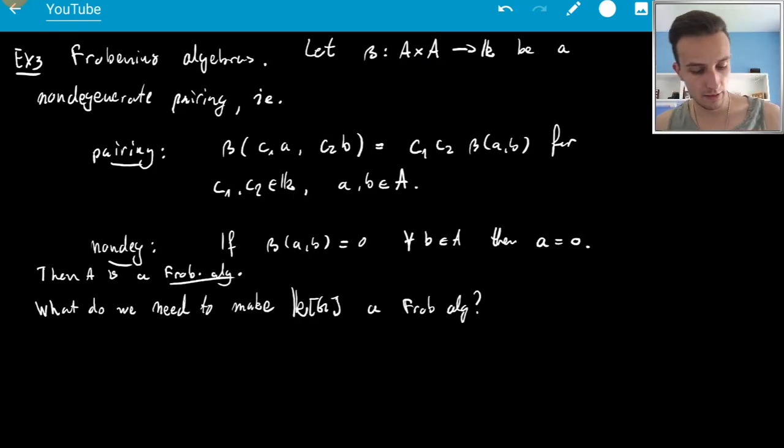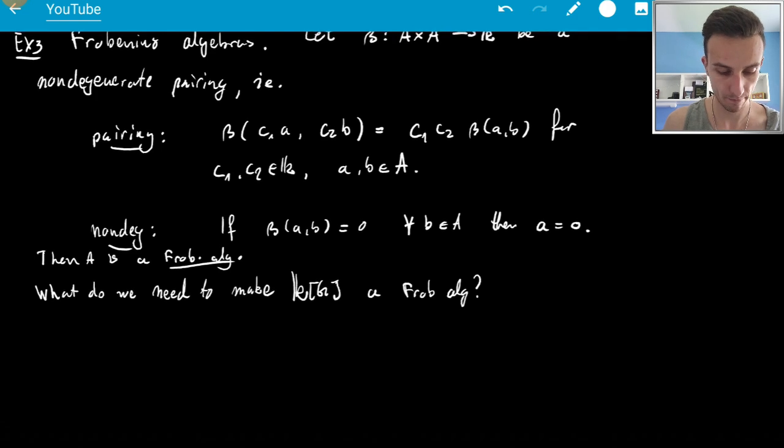So what do we need to make Kg a Frobenius algebra? We need to introduce such a bilinear pairing, or bilinear form. We need to introduce this sort of beta. Well, can I show you this sufficiently generally? No, I think there are many different choices one can make, unfortunately.